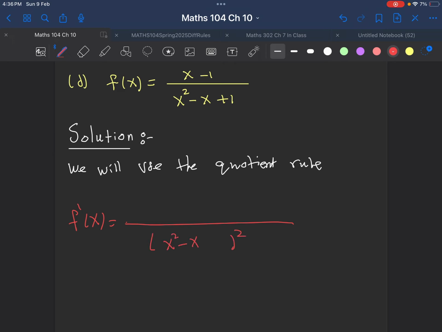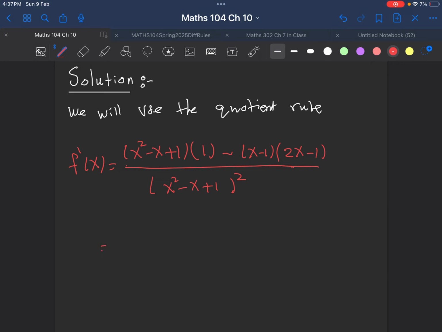Denominator squared, then denominator times the derivative of the numerator, which is 1, because the derivative of x minus 1 is 1, minus numerator, and then the derivative of the denominator, which is this one.